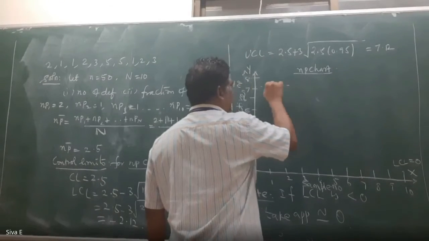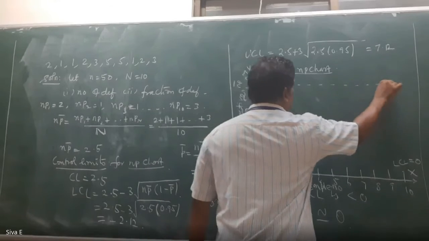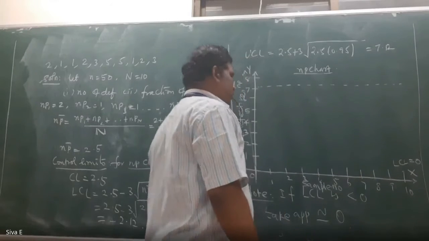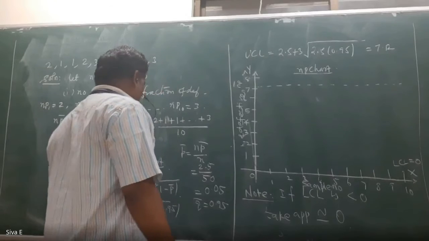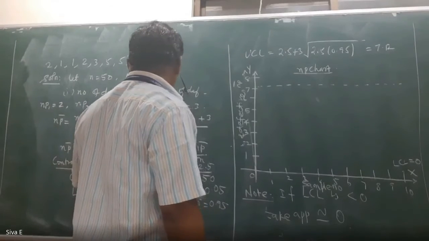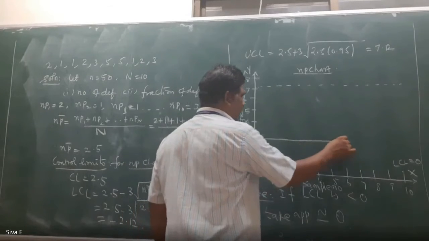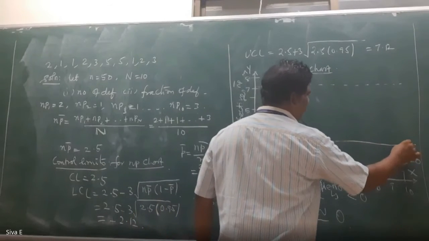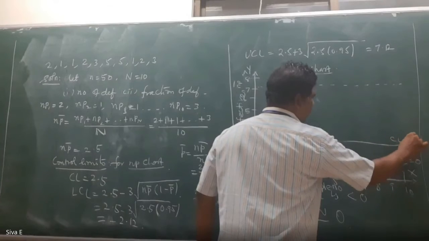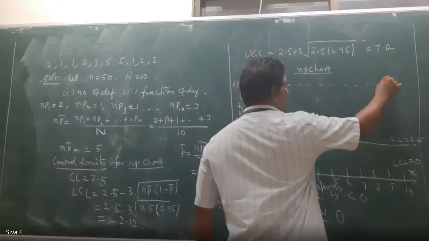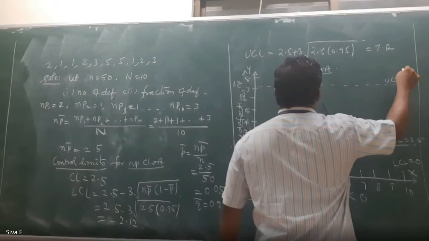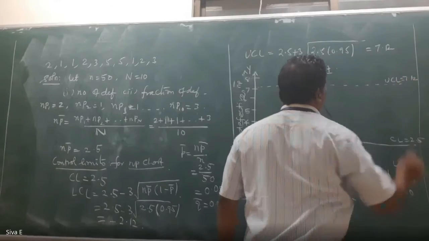LCL and UCL are dotted lines, and CL, which is 2.5, is the solid line. You also have to write CL is 2.5 and UCL is 7.12.